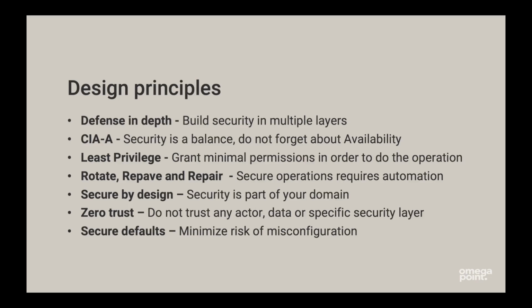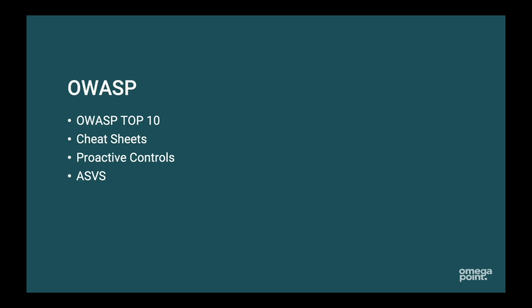So it's essential to understand the most common types of attacks and how they all work in order to create strong layers of defense against them. Luckily, you do not have to figure this out yourself. OWASP collects information and knowledge about this and provides actionable information about it.